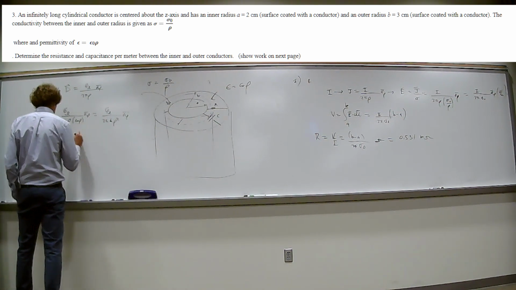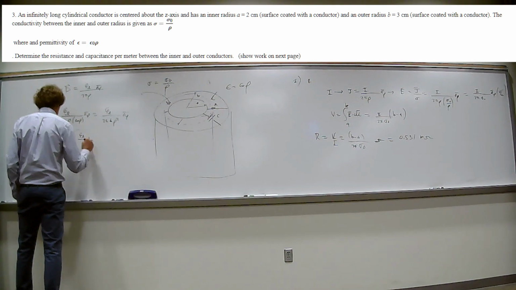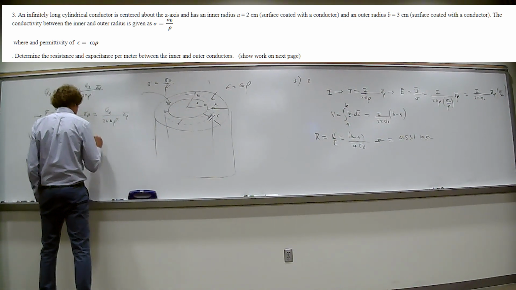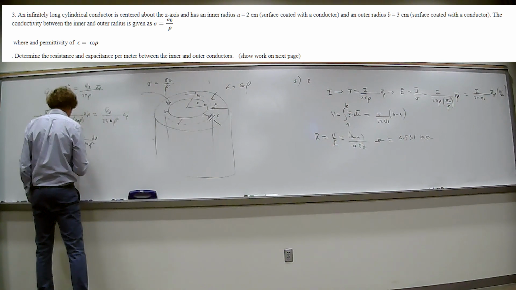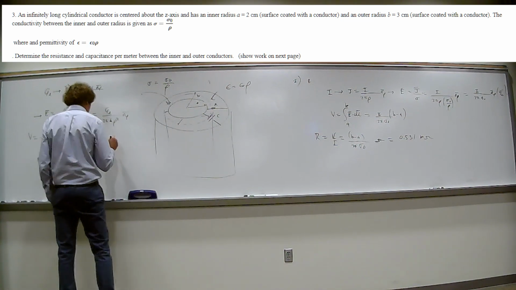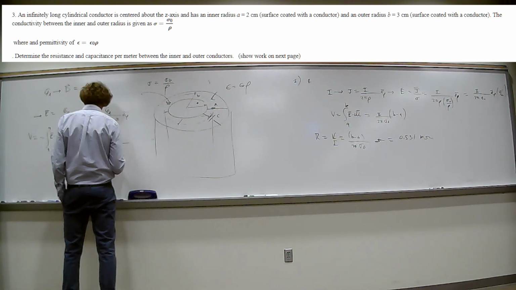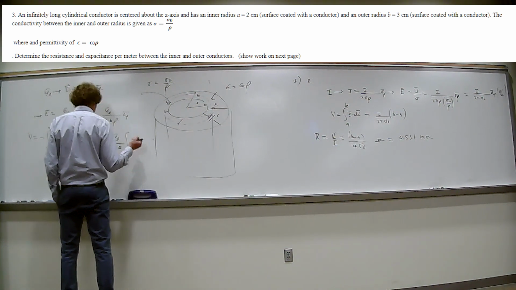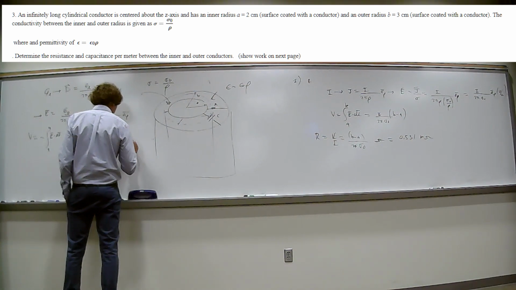So this is going to be the integral of QL over 2 pi epsilon naught rho squared, and then A rho dot A rho is 1, so it's d rho. And that means I get QL over 2 pi epsilon naught, and then I get minus 1 over rho, so it's 1 over A minus 1 over B.